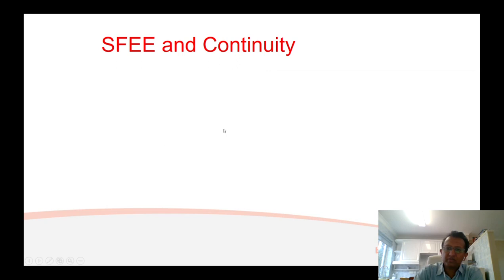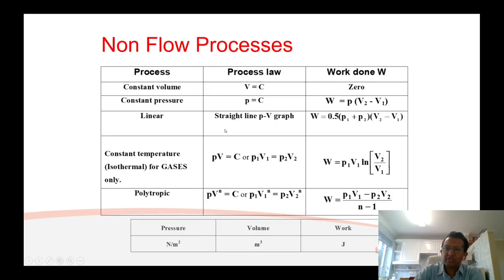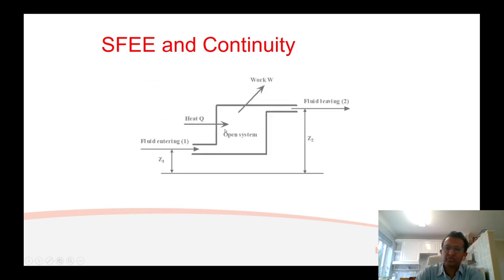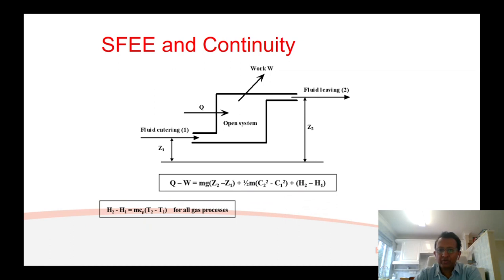For a closed system you had the non-flow process, and the steady flow energy equation is for an open system. So for an open system, Q minus W, that's the steady flow energy equation.